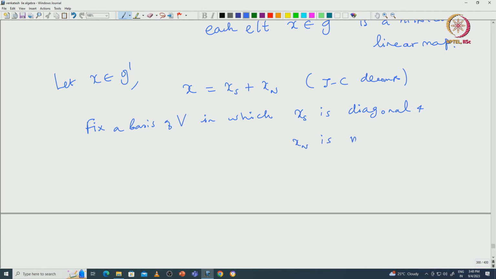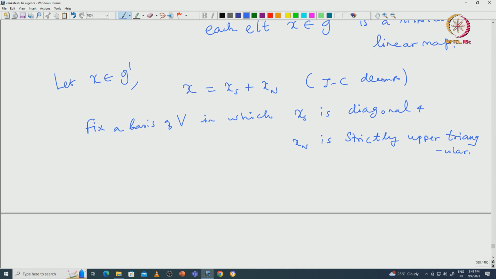Nilpotent means it is strictly upper triangular. This we can do because all these operators commute with each other.